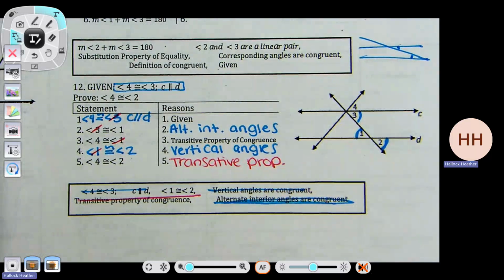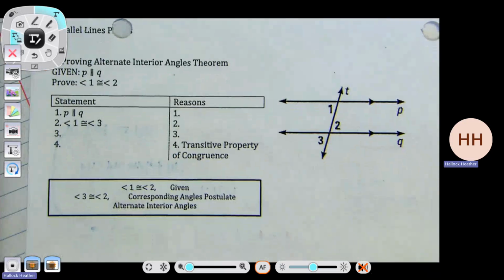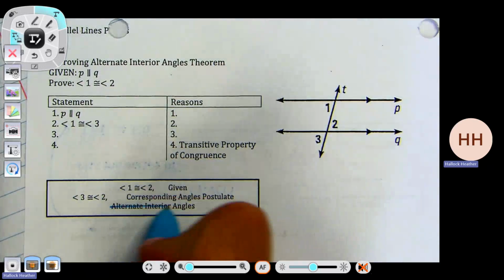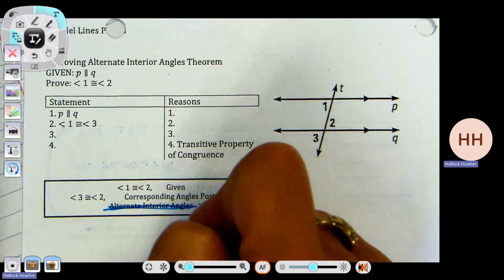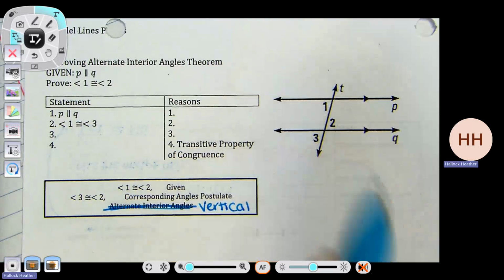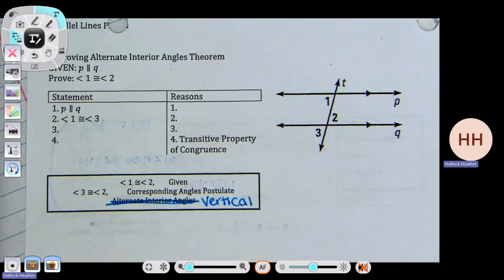We're gonna do one last one together and then you guys can finish these. For number 8, there's a typo though. It's the only typo that's on the paper. So for number 8, one of the reasons needs to change. Is everybody done? Okay, so let's go to 8 really quick. Cross out alternate interior angles and put vertical. So take a second, try to fill out all of this one. They're not that bad, I promise. I accidentally put alternate interior instead of vertical. So take a minute, see if you can fill out the entire proof.